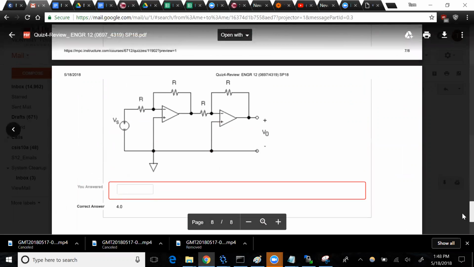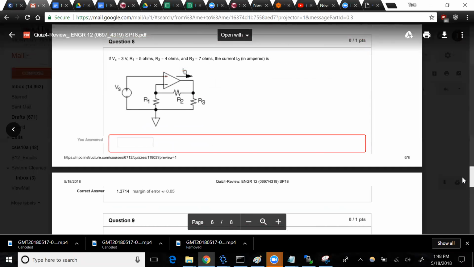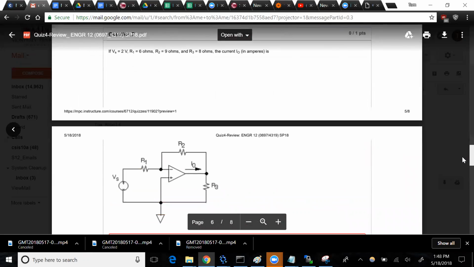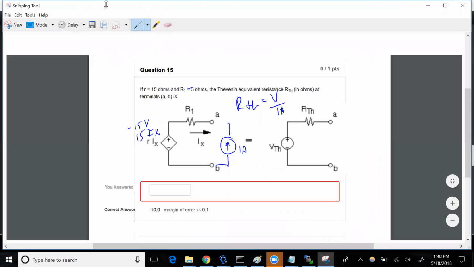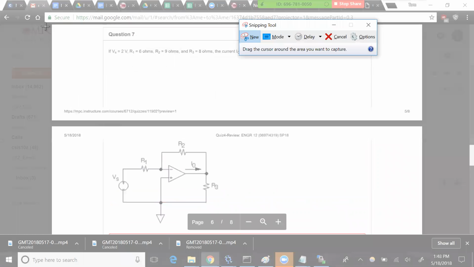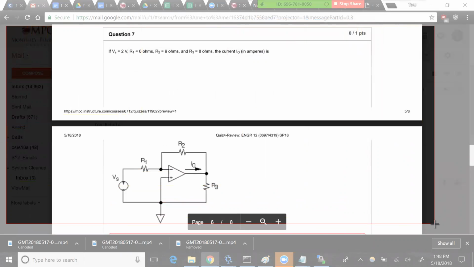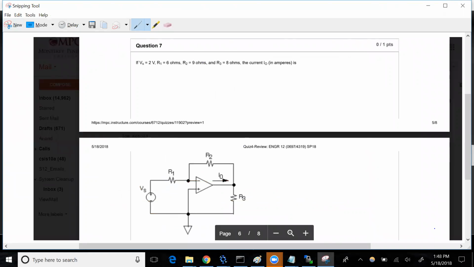We're looking at any one of those? Yes, 7. So VS is 2, R1 is 6, R2 is 9, R3 is 8. And we have to find the current I0.